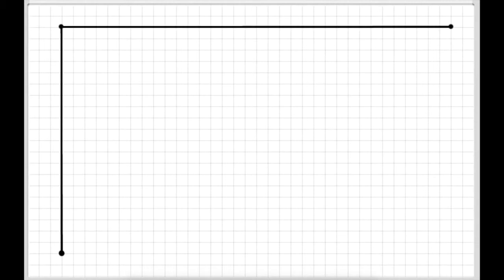So since elevation is my y value, I'm going to need to graph a negative y area with a positive x area, because x is representing time, and time is going to be positive. Y is representing elevation, and elevation is going to be negative. So that tells me I'm looking at my 4th quadrant here, where this is going to be time, this is going to be elevation.